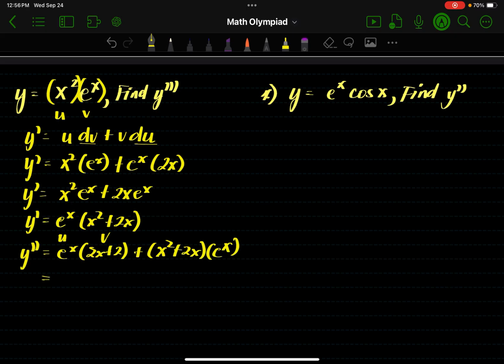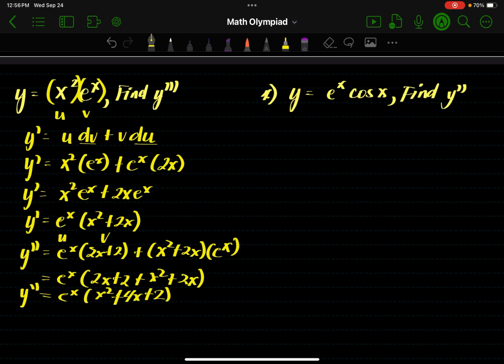So let's factor out e raised to x. So e raised to x times 2x plus 2 plus x squared plus 2x. Then simplify. We have e raised to x times x squared, combine similar terms, 2x plus 2x is 4x, then copy 2, and this is our second derivative.